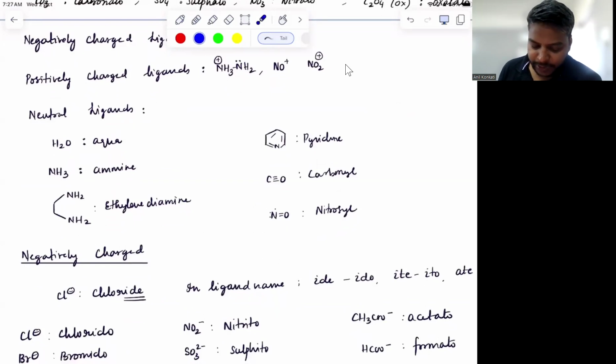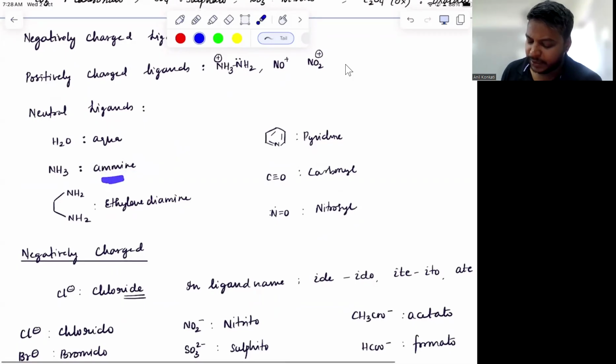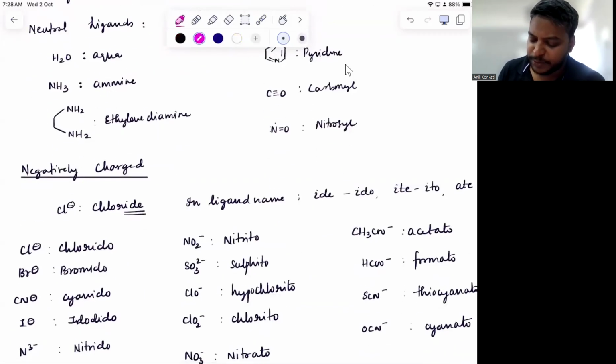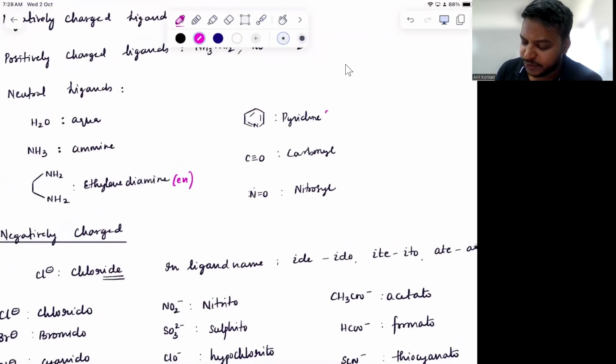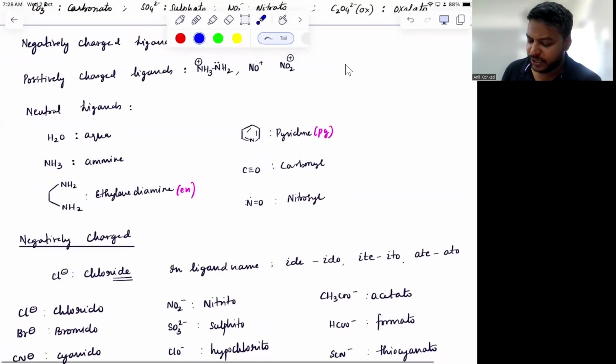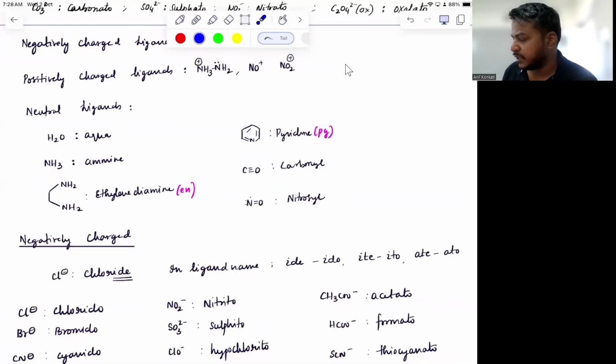in case of neutral ligands, we will have something like H2O, which we call aqua. NH3, important word here, we should have 2 Ns, ammine. Then en, which means ethylenediamine. Okay. Pyridine, which we write as py. Next, carbonyl, nitrosyl. These are also neutral ligands.